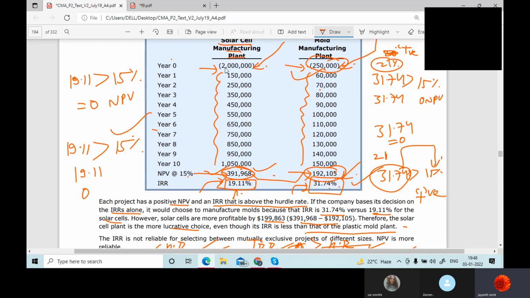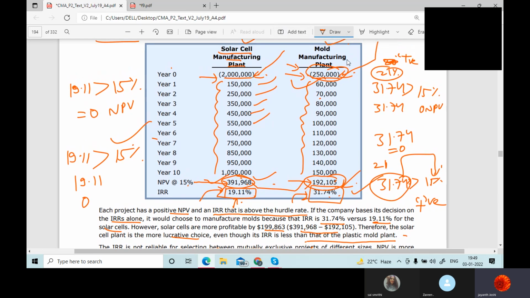Cash inflows can be higher based upon your selling strategies, whatever strategy you have made to sell your goods or generate revenue working out more for this project. The investment is less, of course, because a mold manufacturing plant is a very small product, but solar cell manufacturing is a big product.